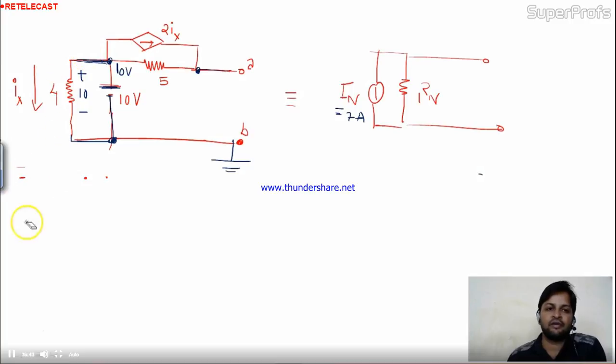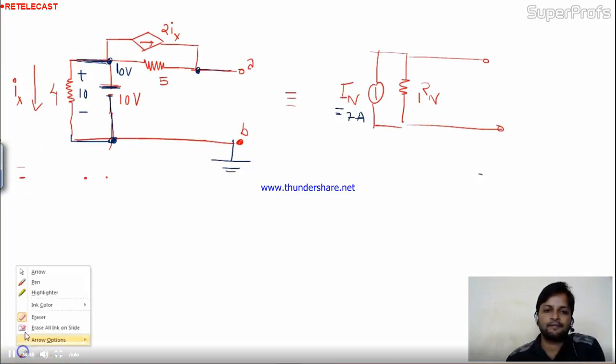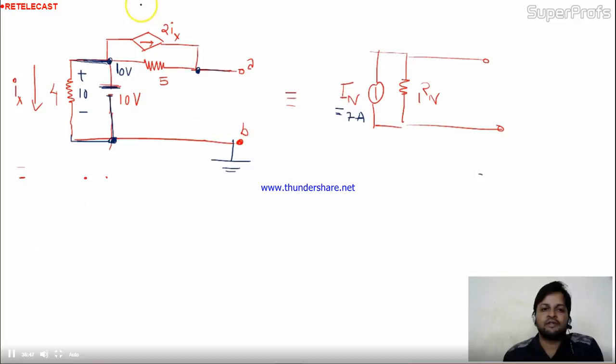Now, I am having a dependent source over here. So while calculating the RTH of this circuit, Rn, I have to turn off the independent sources and nothing I can do with the dependent sources. I am having one independent source and I can short this.